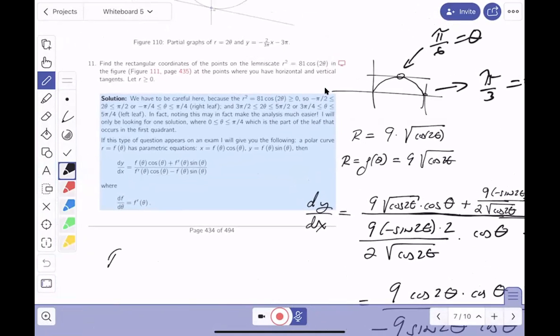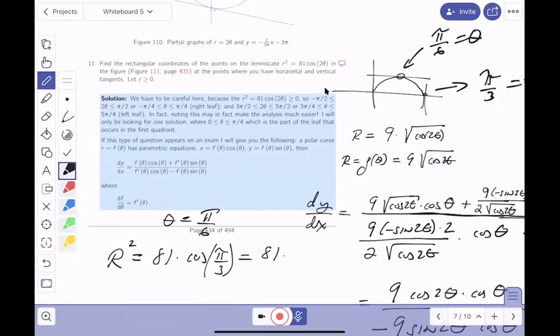So r squared. I'm going to do pi over 6 first, by the way. And what are you going to get? 81 cosine 2 times, again, I'm using theta equals pi over 6. Cosine, that would be pi over 3, right? That would be 81 times, make sure I'm doing this right, cosine of 2 theta, I'm doing pi over 6.